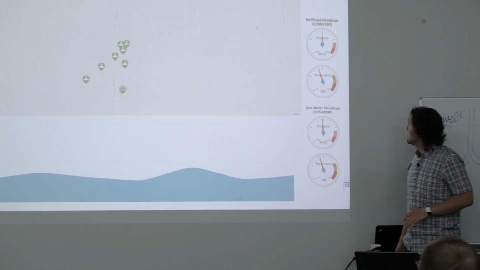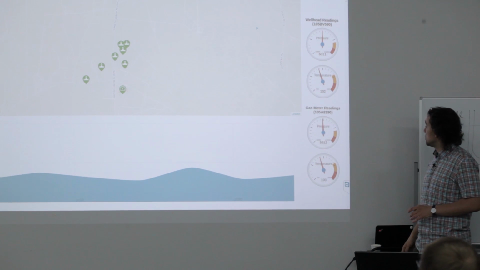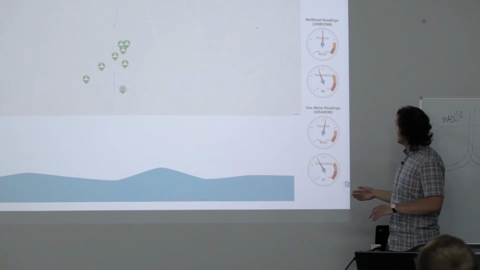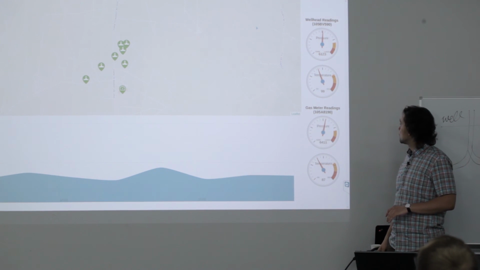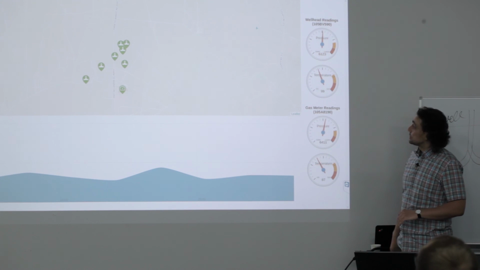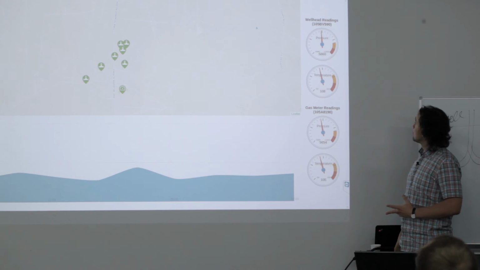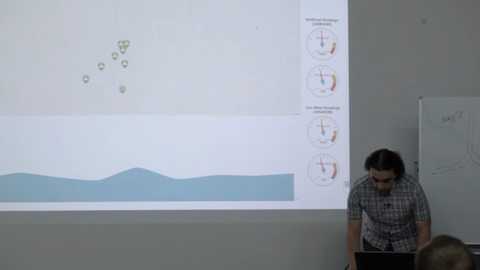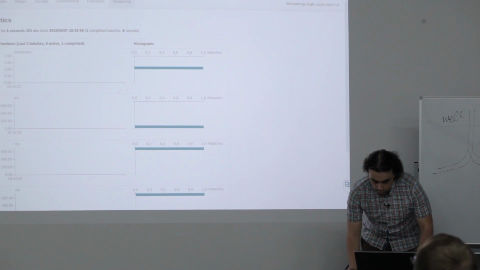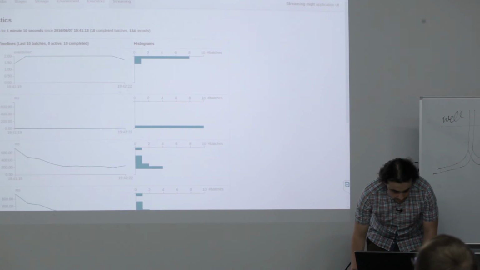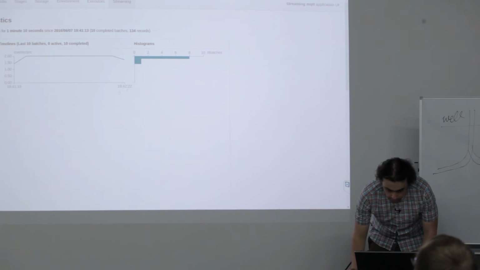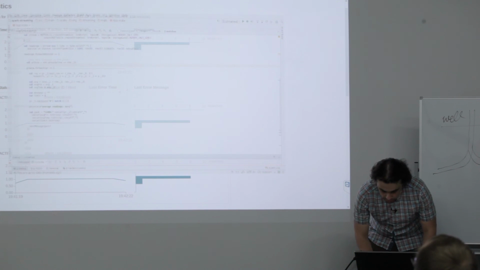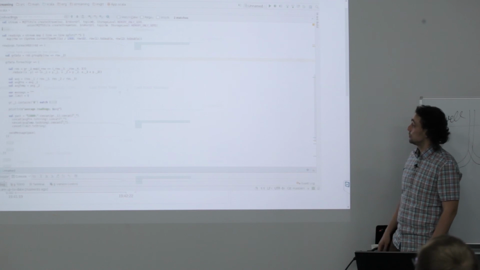In this example, we just monitor pressure and temperature from 4 different sensors: 2 sensors in the wellhead and 2 sensors in the gas meter. I just want to show you, and we will look at the code.